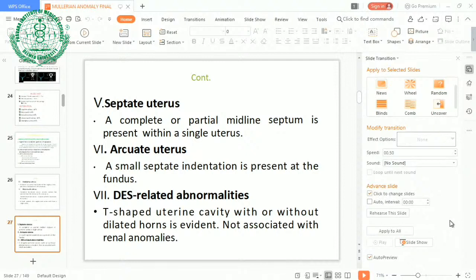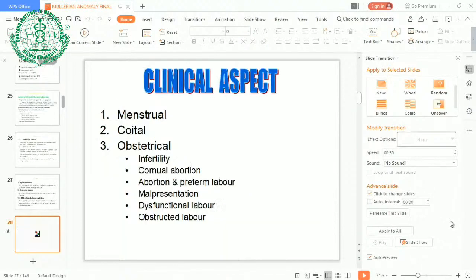A complete or partial midline septum is present with a single uterus. Arcuate uterus, a small septate indentation is evident, not associated with renal anomalies, because it's not associated with developmental error as such, the external effect.